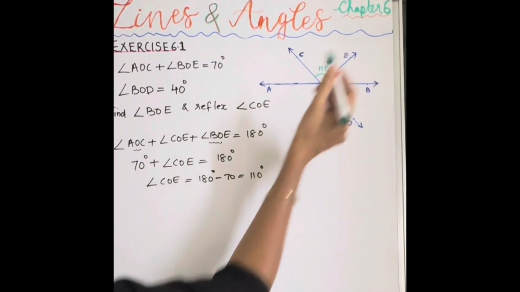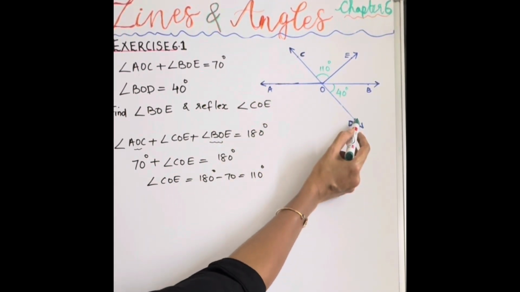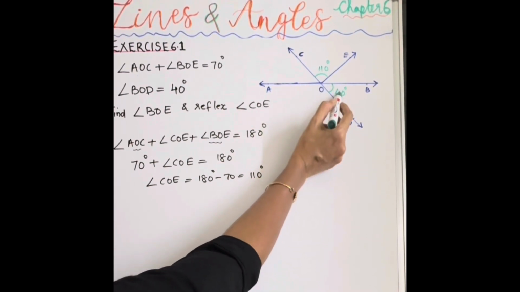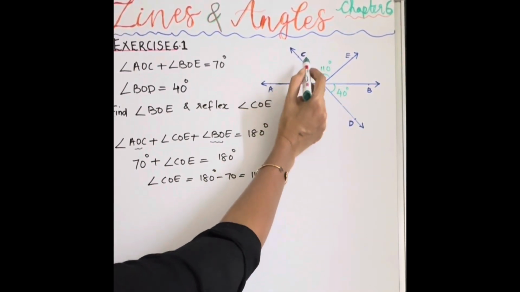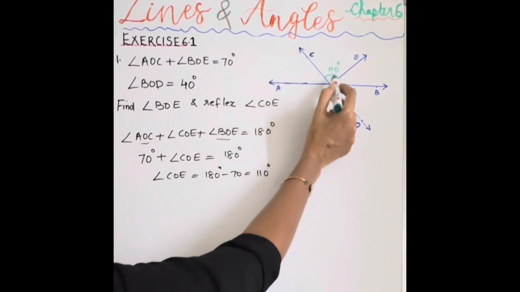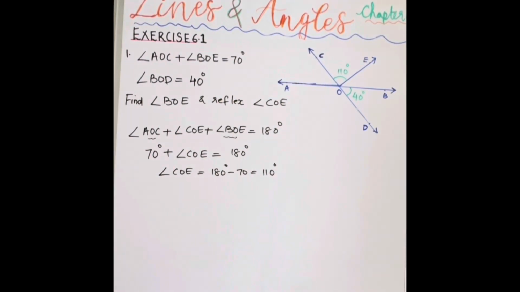COE is 110 degree. Now consider line CD. Have you seen line CD here? We know these two angles, and also we know that line CD is a straight line and these angles form a linear pair. So which are the angles here?